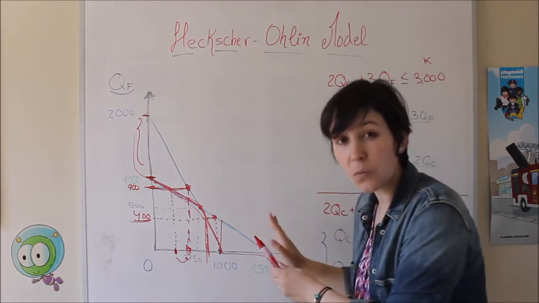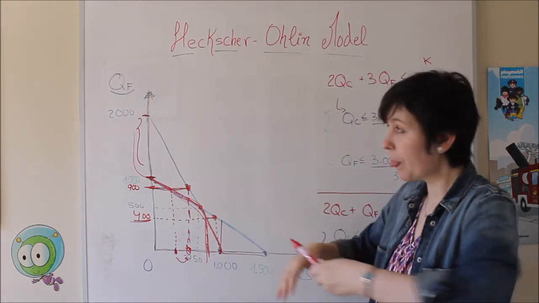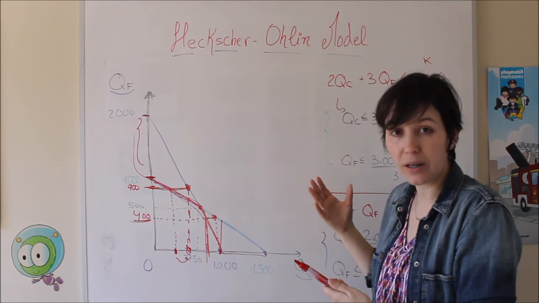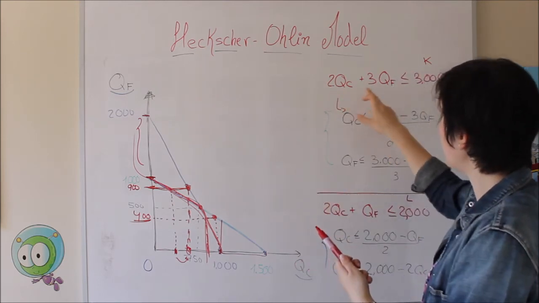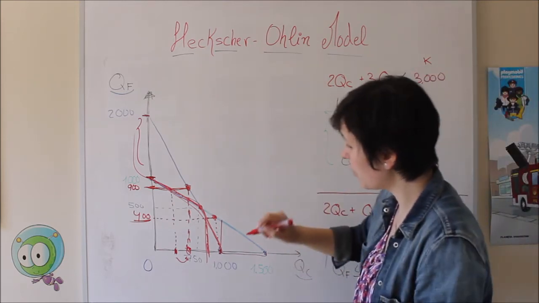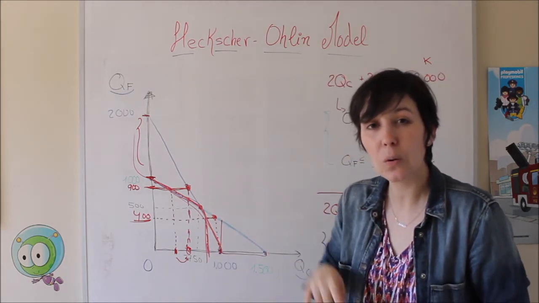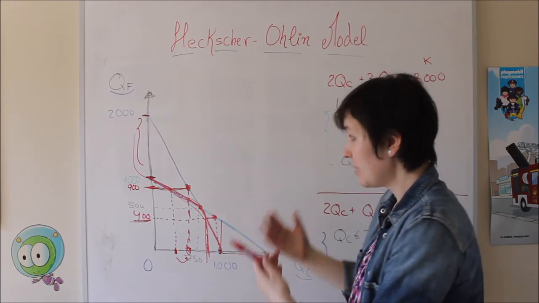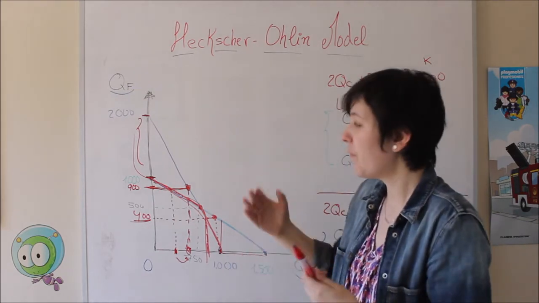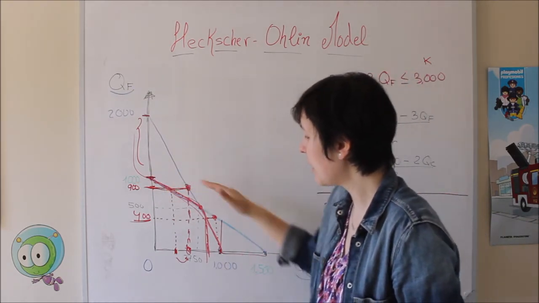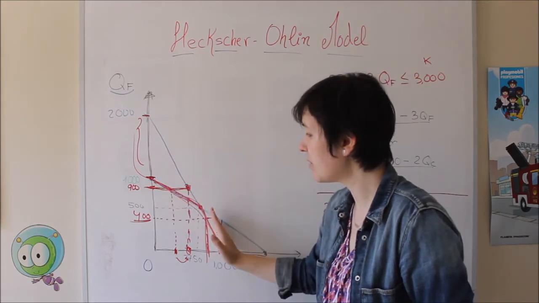So this was just one case. When we are going to have all the possible combinations or use of labor and capital in each industry, the actual PPF also has to have a slope that is not constant. In fact, it's going to be flatter here and steeper here, like this one.